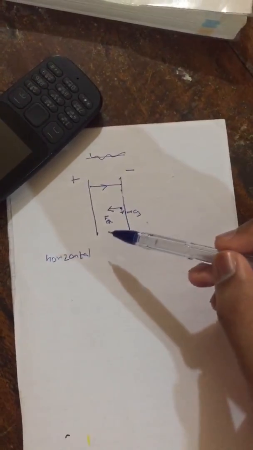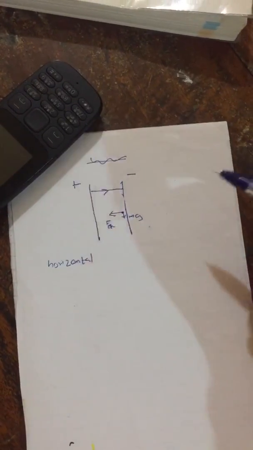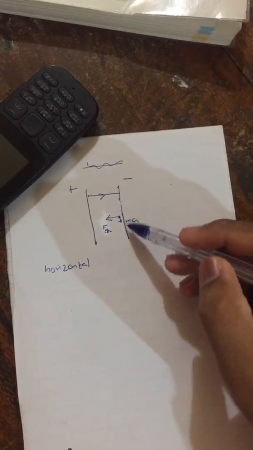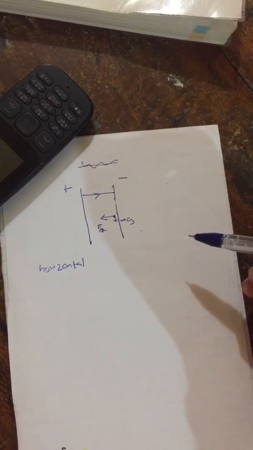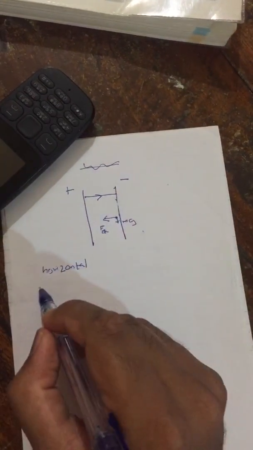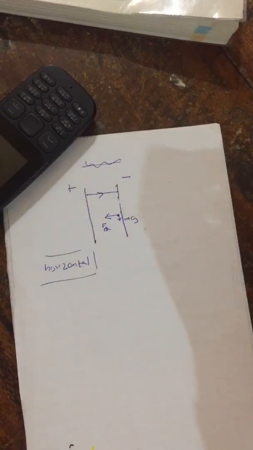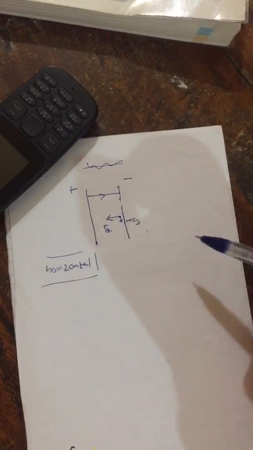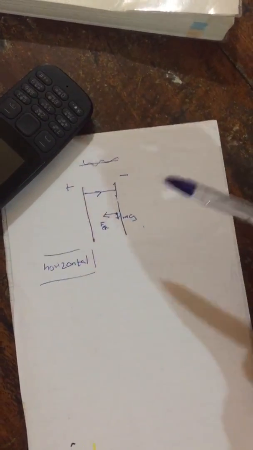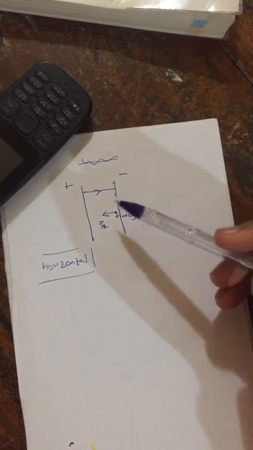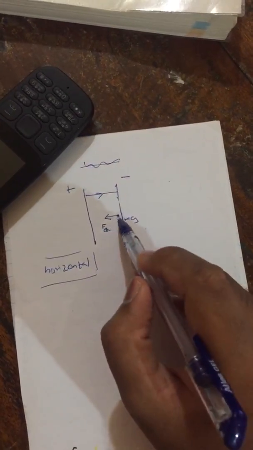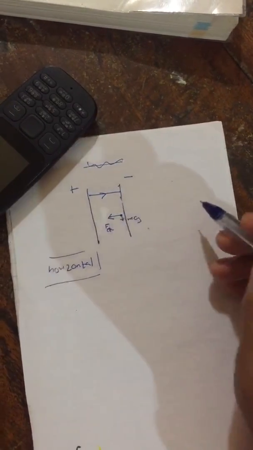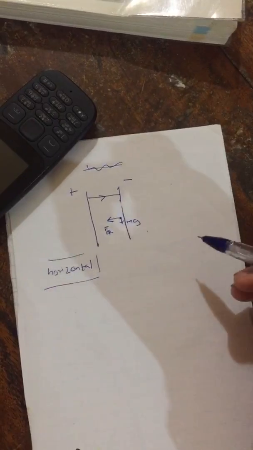The horizontal force is the electric force, but the vertical force is the weight. But since they are only asking about the horizontal, we don't have to worry about the weight. In fact, that is the last part of the question. So since we are talking about the horizontal motion, we don't have to consider the vertical motion.